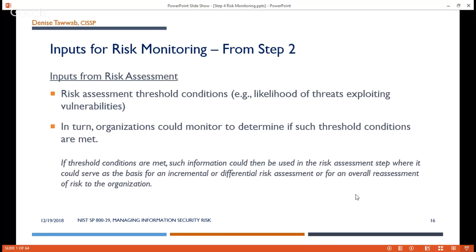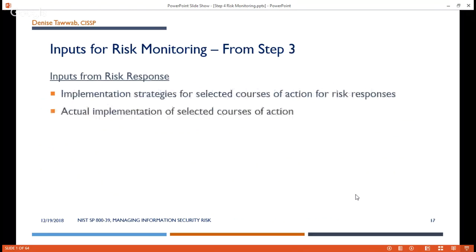If threshold conditions are met, such information could then be used in the risk assessment step, where it could serve as the basis for an incremental or a differential risk assessment, or for an overall reassessment of risk to the organization. From the risk response step, the inputs into the risk monitoring step would be implementation strategies for selected courses of action for risk responses and actual implementation of selected courses of action.